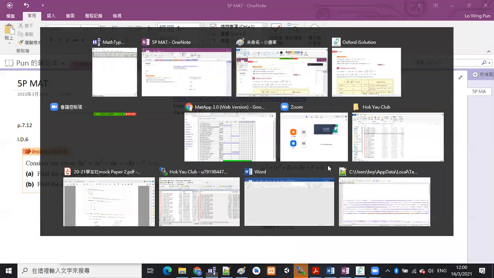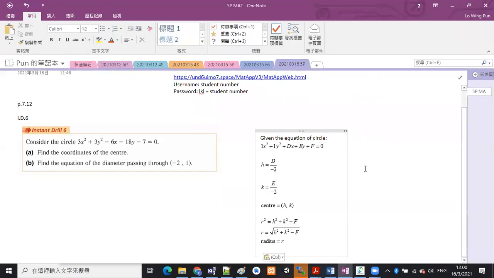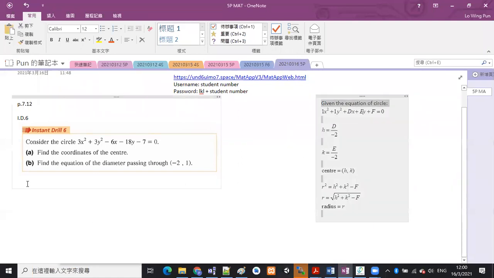So when we have the d, e and f values, we can calculate the h, k and r values. hk will be the coordinates of the center, and r will be the radius of the circle. This is what we learned before.